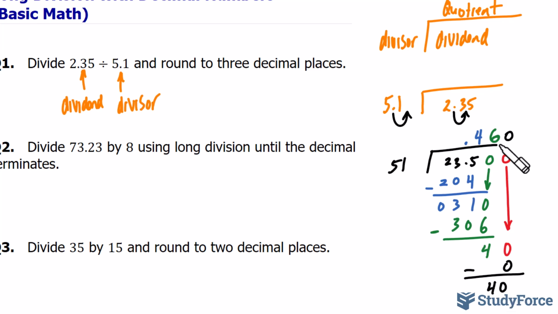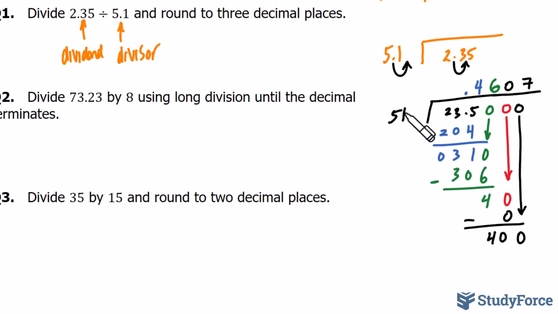We introduce another 0 where we have our dividend. And that goes down. And 51 fits into 400 a maximum of 7 times. So we'll put that here. 7 times 1 makes 7. And 7 times 5 makes 35. If we subtract, we end up with 43.